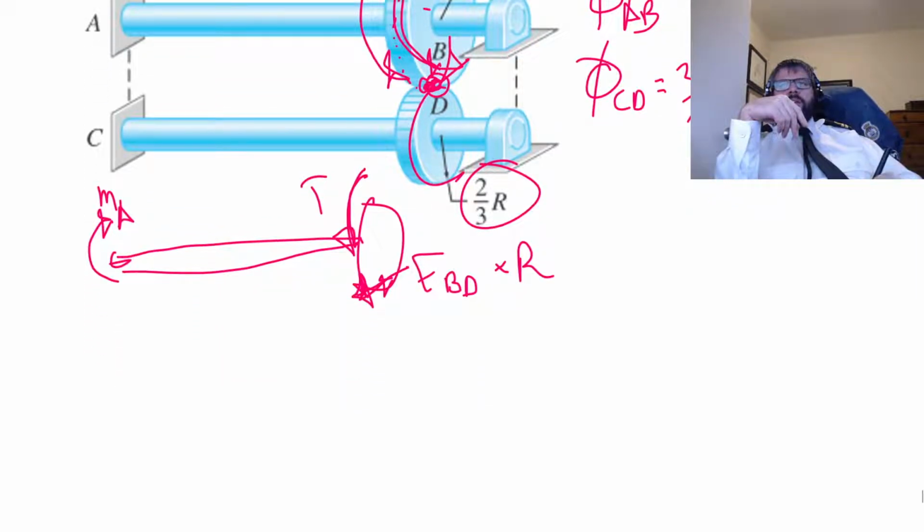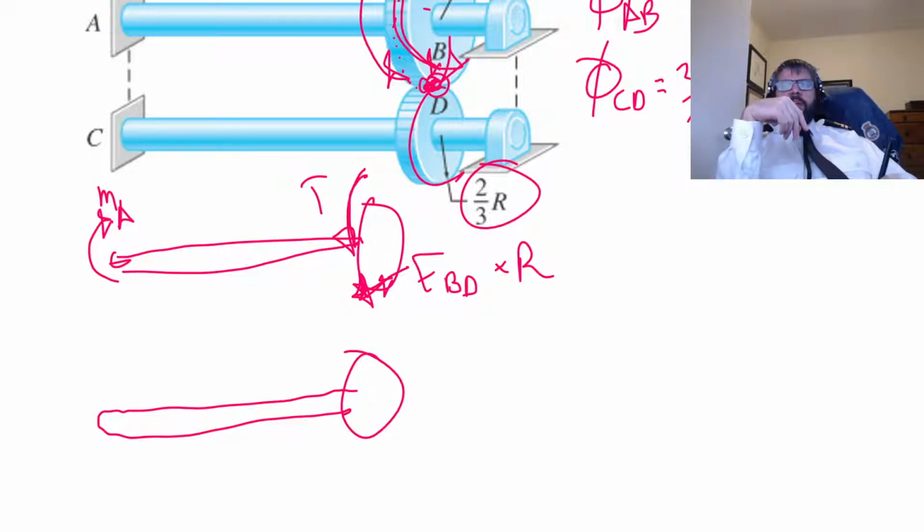And then at C, we get a similar idea. Just draw a free body diagram of that. It doesn't have any external torque applied, so the only torque that gets applied is based upon that contact force, again in an equal and opposite direction. So for this one, it's pushing this way, and the torque that's going to be generated is FBD times 2/3R.